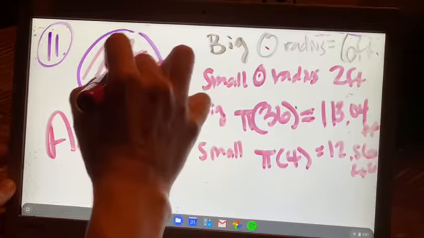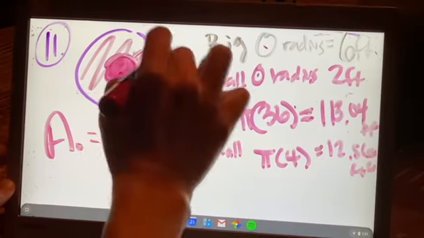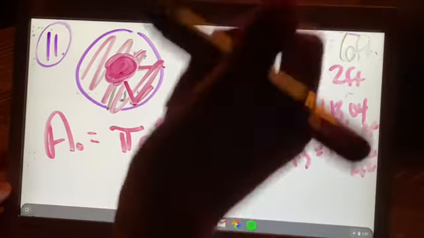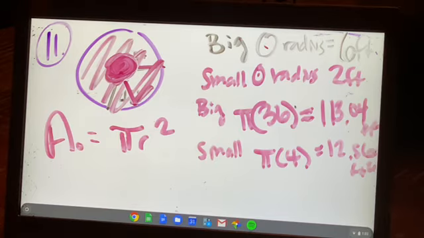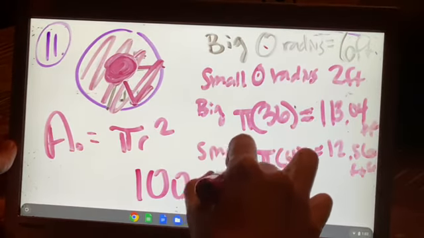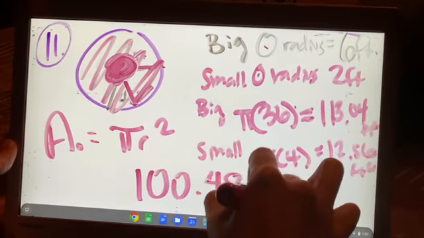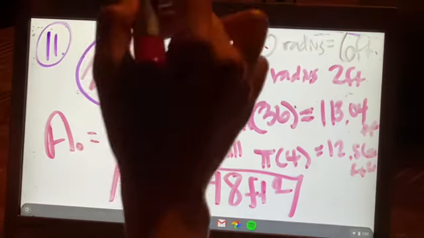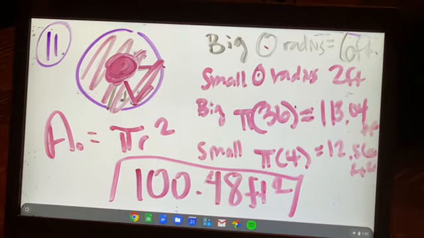Minus the inside, because we only want this ring shape. So 113.04 minus 12.56 is 100.48 feet squared. Okay? So that would be the area of your donut sign.